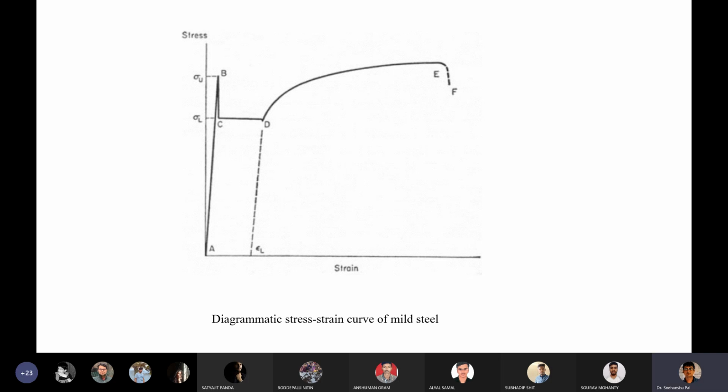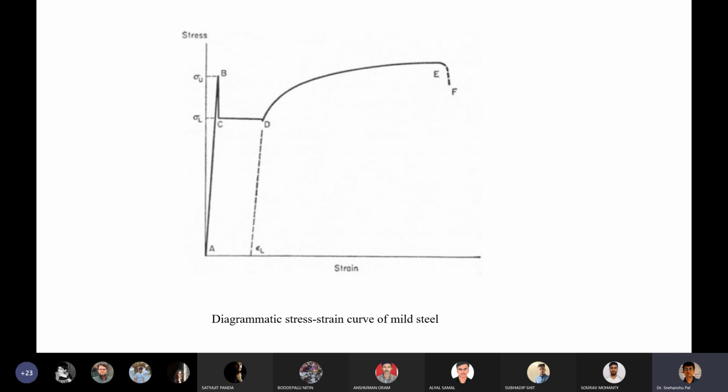So in a pressed mild steel component, for example, the Lüders band may lead to certain markings resulting from inhomogeneous deformation. Already we understood that in the B to D section there will be an inhomogeneous deformation, and that creates certain marking lines on the surface of the specimen, and these are commonly known as stretcher strains.